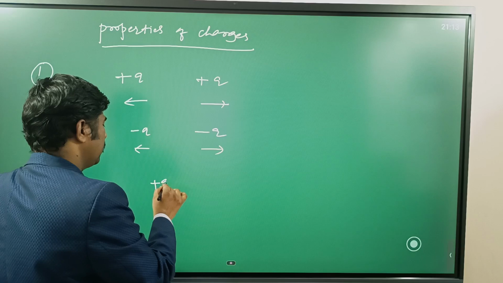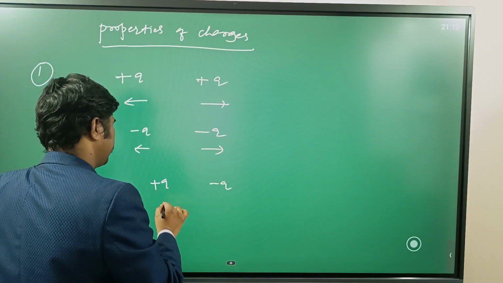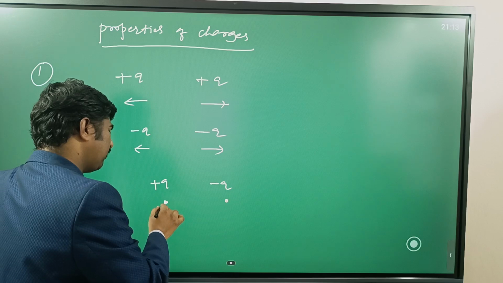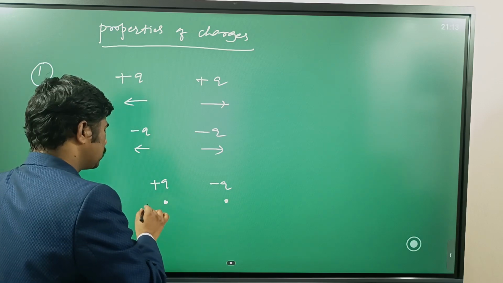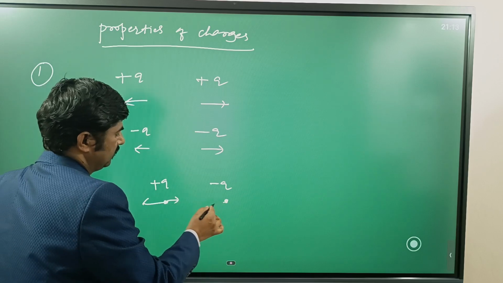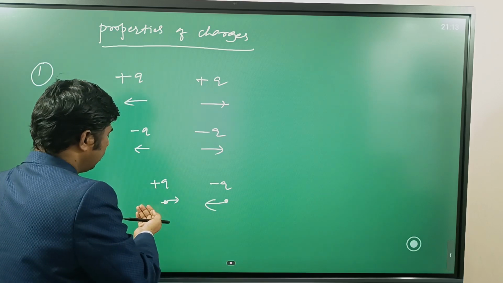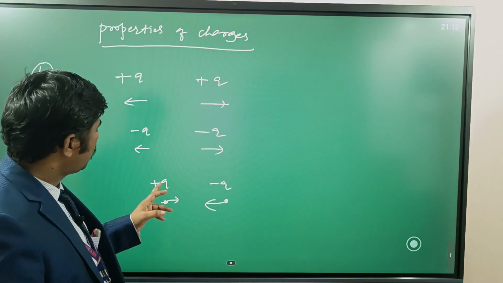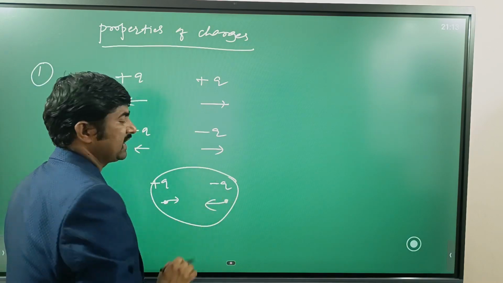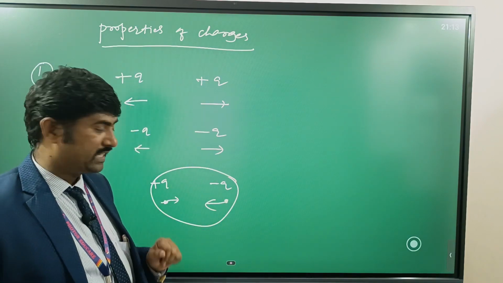If one is positive and another one is negative, in this case surely it will go for attraction. Clear? So unlike charges attract each other, like charges repel each other.